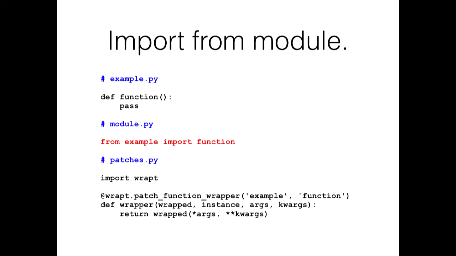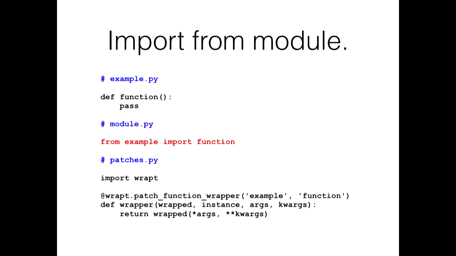But what if someone's already imported that module previously, and I wasn't the first person to import that module? In Python, you can do this: from example import function. And what's going to happen is in module.py, it's going to hold a direct reference to function. And what that means is there are now really two ways of getting to that function: the original example module and also in my module.